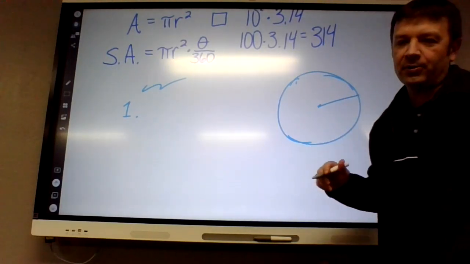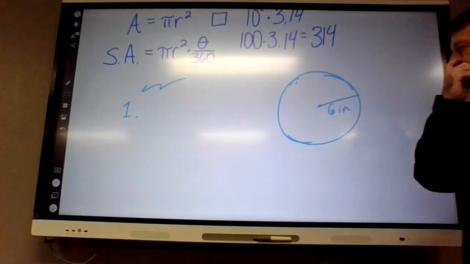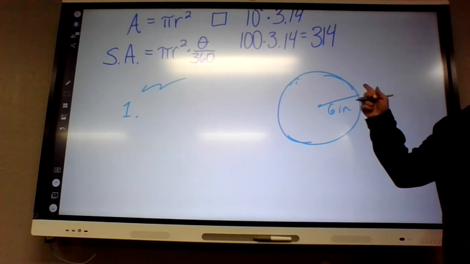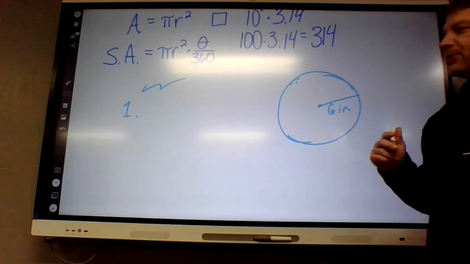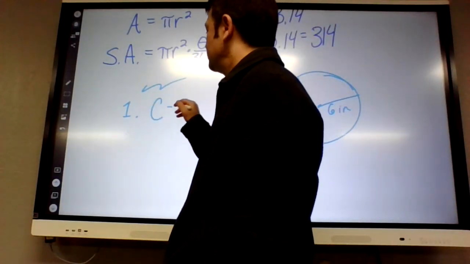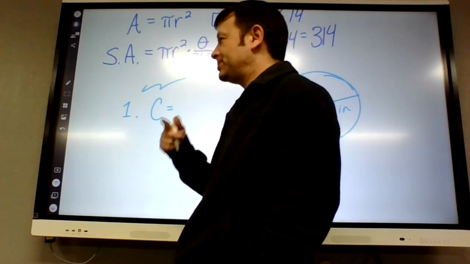Okay, on number 1 it just says 6 inches right there. 6 inches is the what? The radius. So how do I find the circumference? 6 times 2. Radius times 2 times pi.